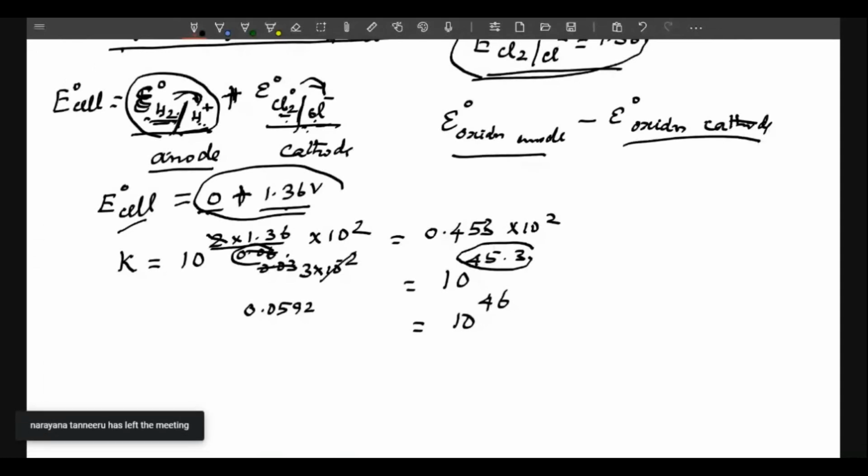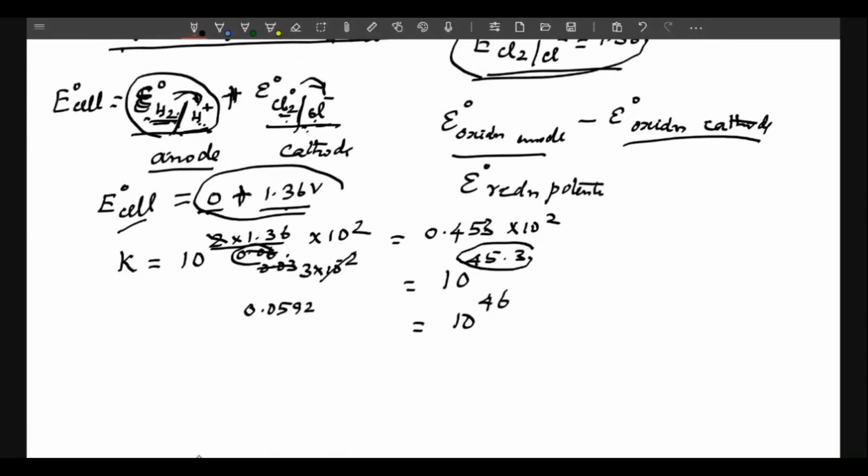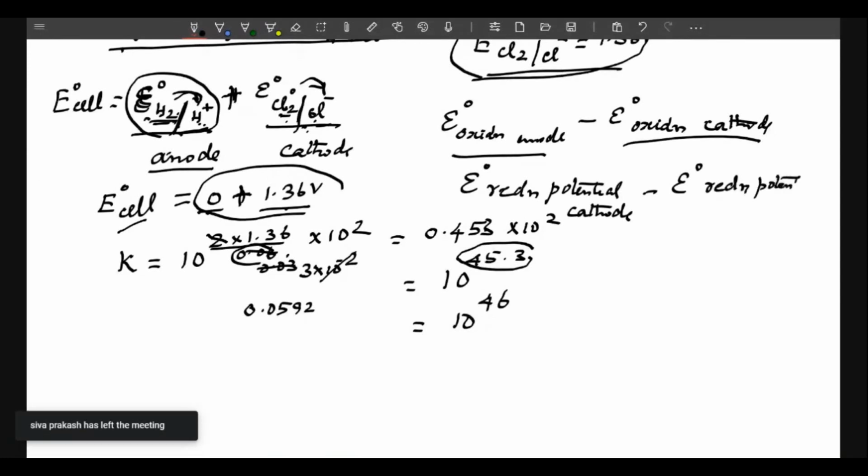Okay. Instead, there is a book in which E naught of reduction potential of cathode minus reduction potential of anode is used. Some books write it like this.